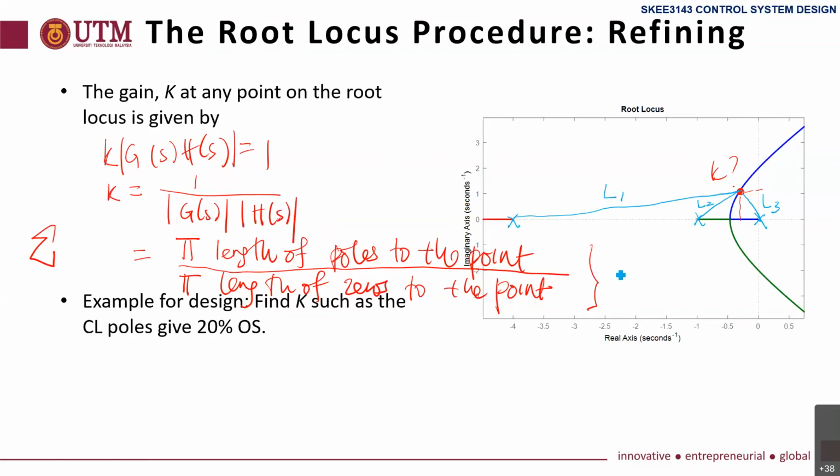So here it is actually L1 multiplied by L2 multiplied by L3, divided by the zero lengths. If we have a zero here, then divide by it.